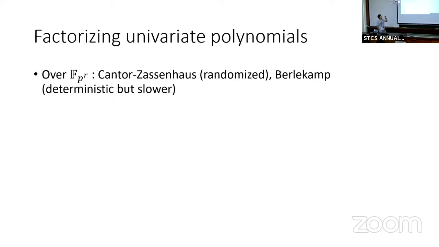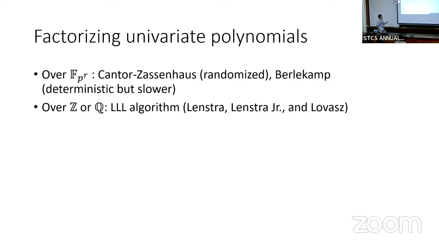For Cantor-Zassenhaus the dependence is log p, whereas for Berlekamp it turns out to be polynomial in p, as well as in r, n, and so on. And it's still open to get a deterministic algorithm for the univariate case where the dependence on the field size is logarithmic. We still don't know how to do that.